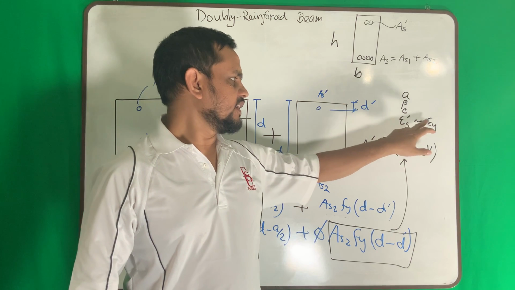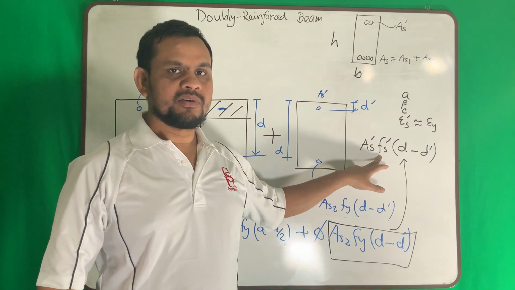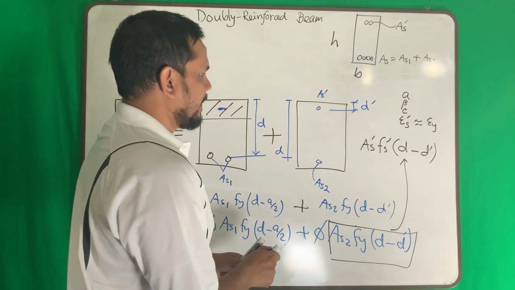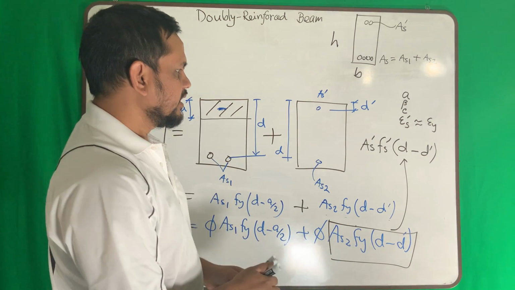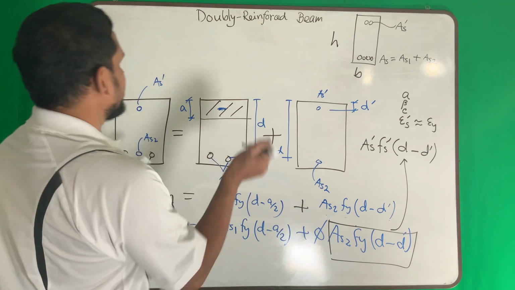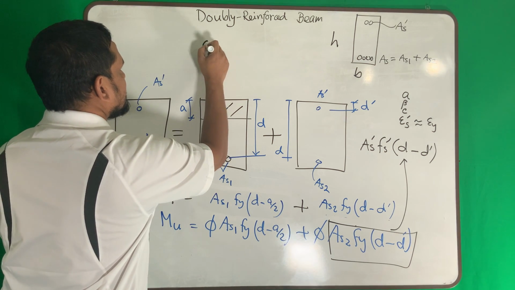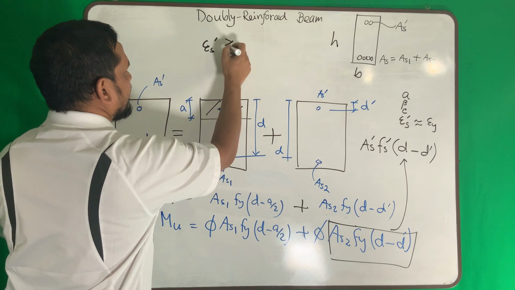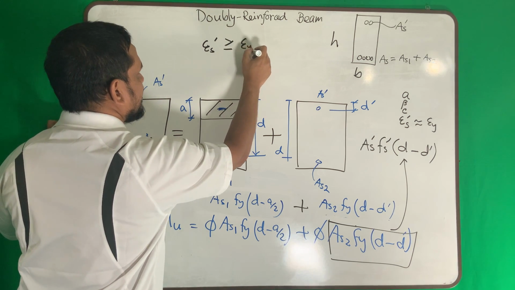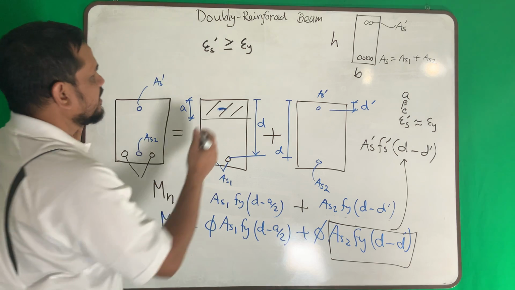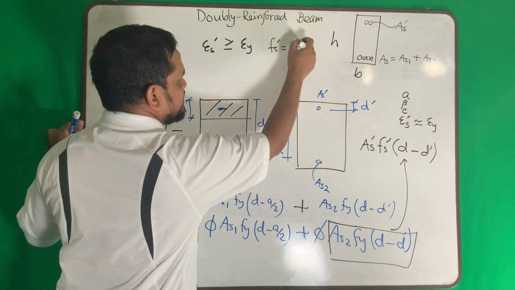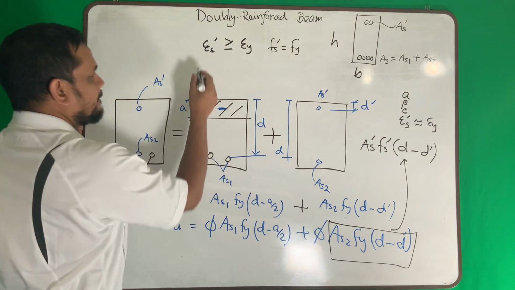If this value is less than this, it is not yielding. So then how to find this? Oh, maybe that time I did not tell you. Okay, write it down clearly. If epsilon s prime is greater than or equal to epsilon y, then your stress is Fy.